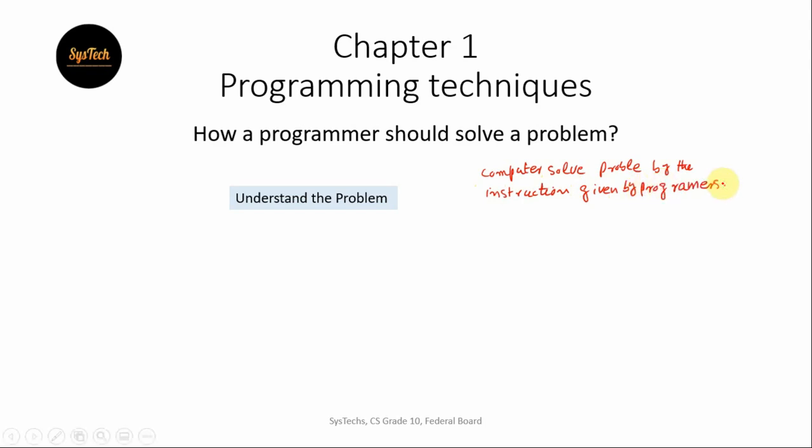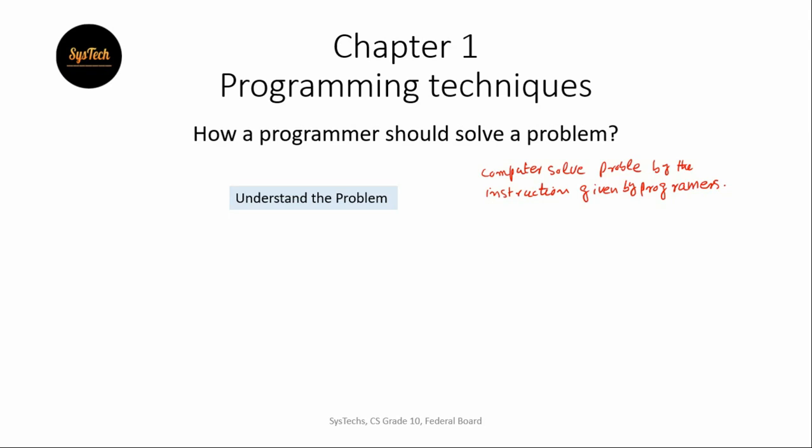In other words, we give the instructions to computers to solve the problem. And where comes the difference? The computer solves the problem very quickly. One thing. And second thing, it will perform the same thing repeatedly. And third thing, it will never be tired.